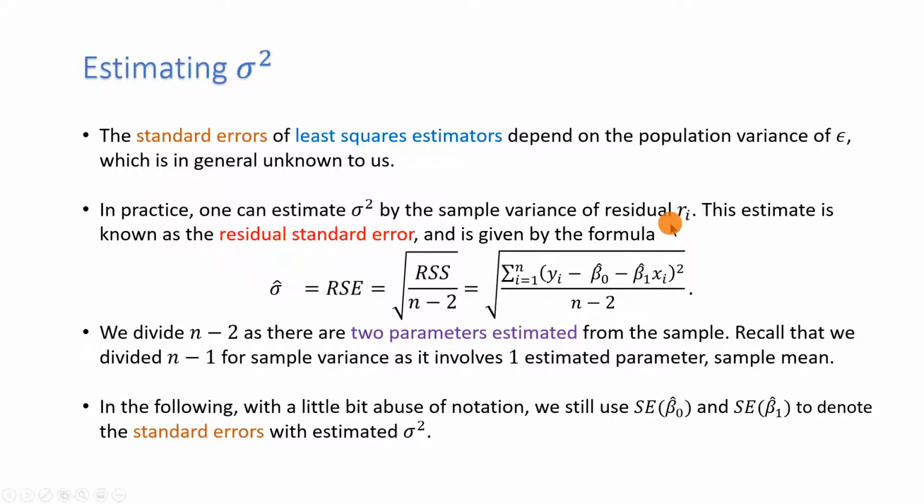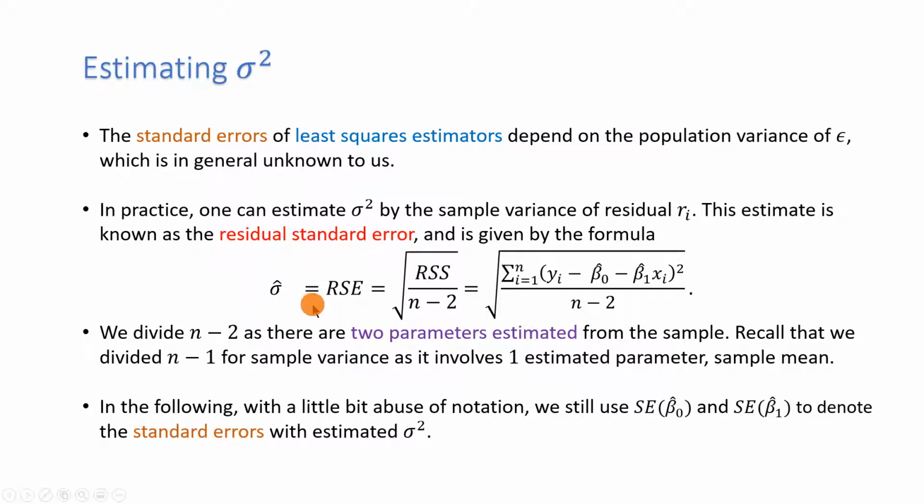So recall that Ri, the residual of the ith observation, is simply defined as Yi minus your fitted linear model, right? Which can be considered an estimate of your approximation error epsilon i, right? And this estimate is known as the residual standard error and is defined by the following formula here, right?